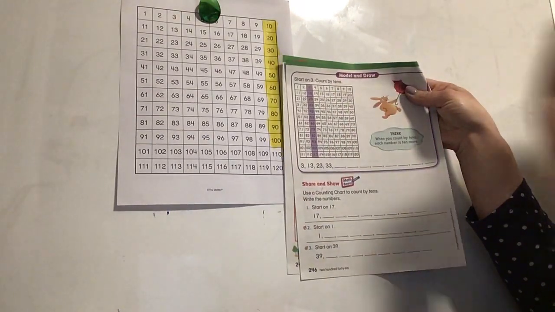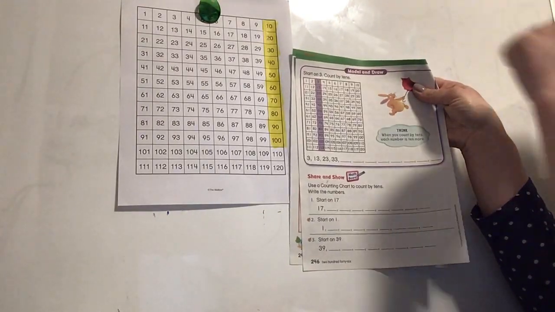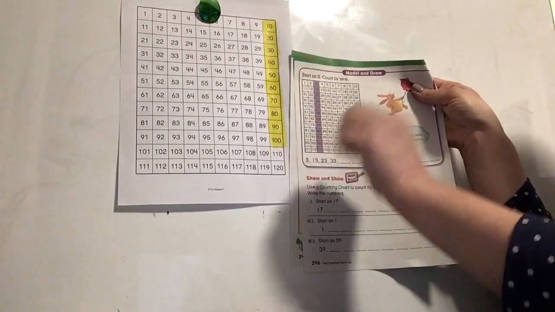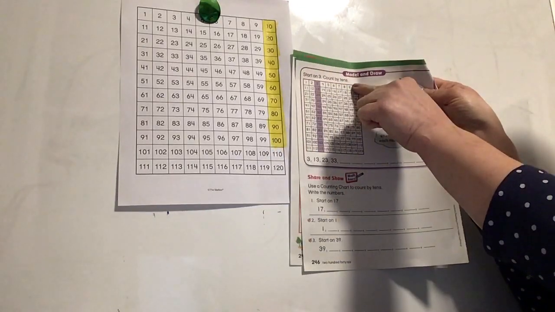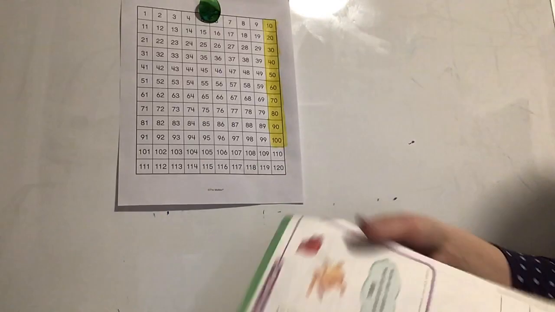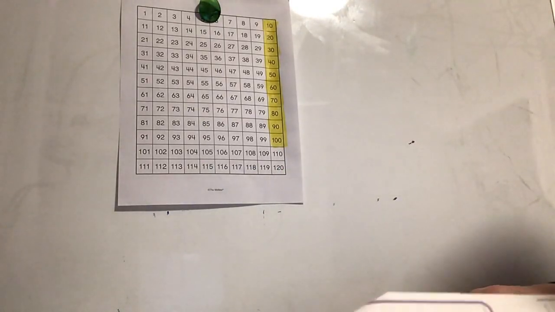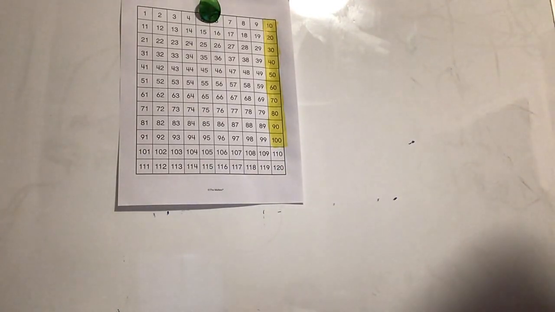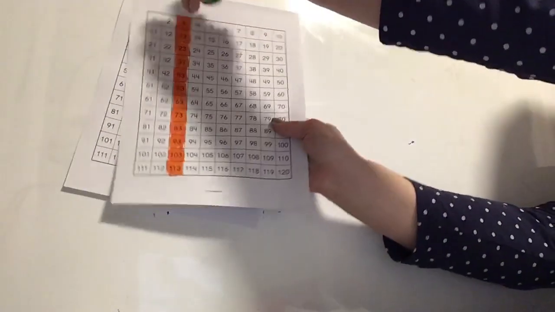When I count by ones, I go to the side. Again, when I count by tens, I go down. When I count by ones, I go to the side. Okay, so we are going to start at 3, and we are going to color by 10. So Mrs. K has another chart here. Let me put it right here.